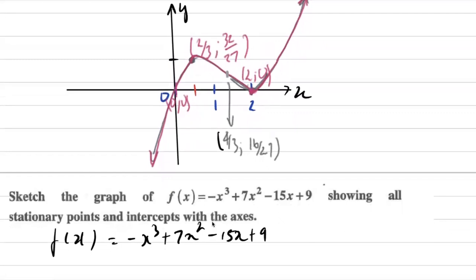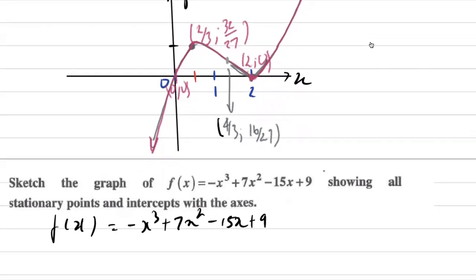What does the fact that we have a negative x cubed in front mean for us? It's concave down, so the minimum turning point is the one that goes first, and then the maximum.